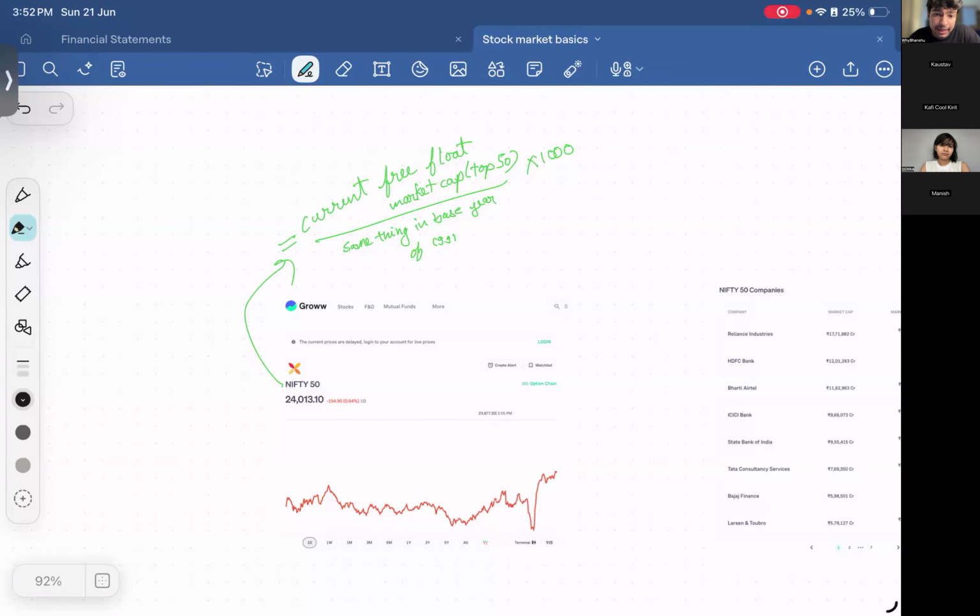Question: does market cap relate to any of the sheets that we have discussed, or is it just share value? It doesn't come up directly on the balance sheet, but it ties to the equity value, the overall equity. If you remember, there were two buckets inside equity. One was paid up capital, which is the money that was paid initially when we were setting up the company.